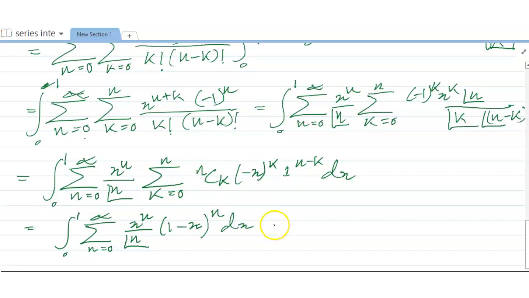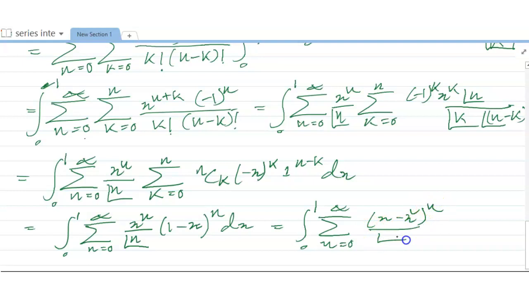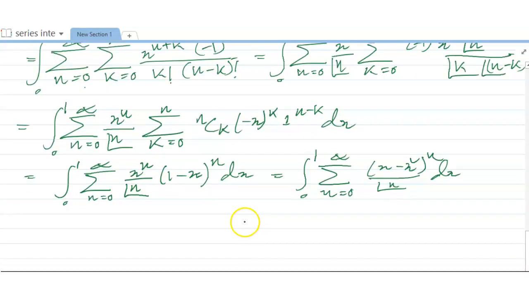After that it can be written as the integral from 0 to 1 of summation n equals 0 to infinity of (x minus x square) whole to the power n divided by n factorial dx, equals the integral from 0 to 1 of e to the power x minus x square dx.